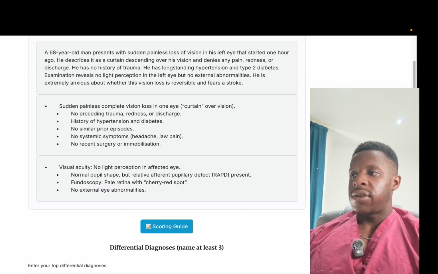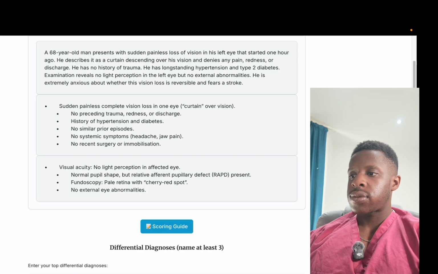One, central retinal artery occlusion, my first one. Maybe there's another one, central retinal vein occlusion.